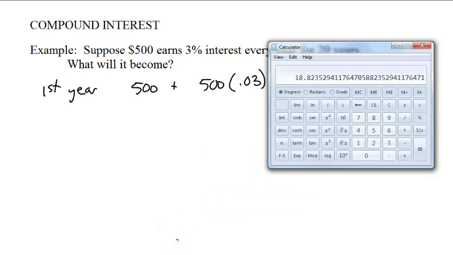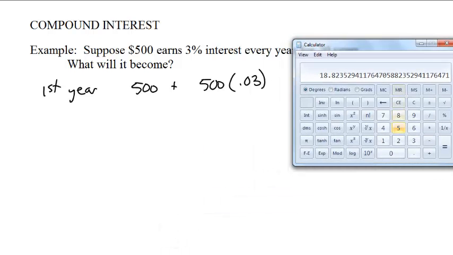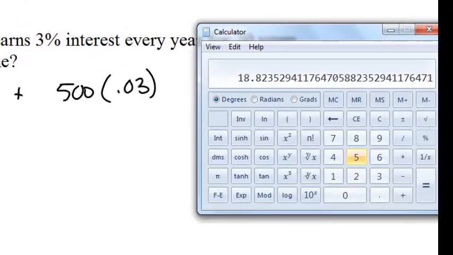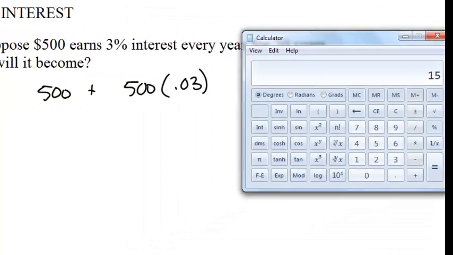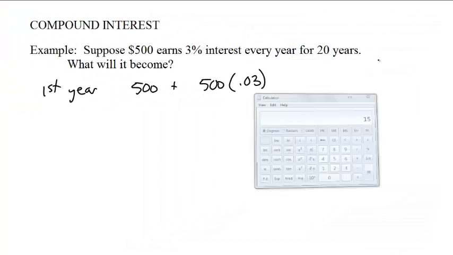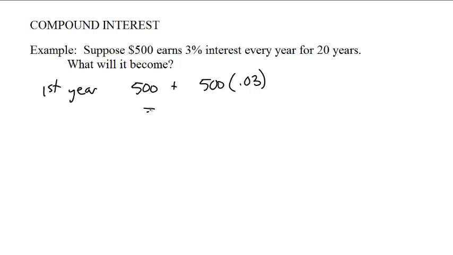Let's crunch that out. 500 times 0.03 is $15. So you add that to the 500 and you get $515.